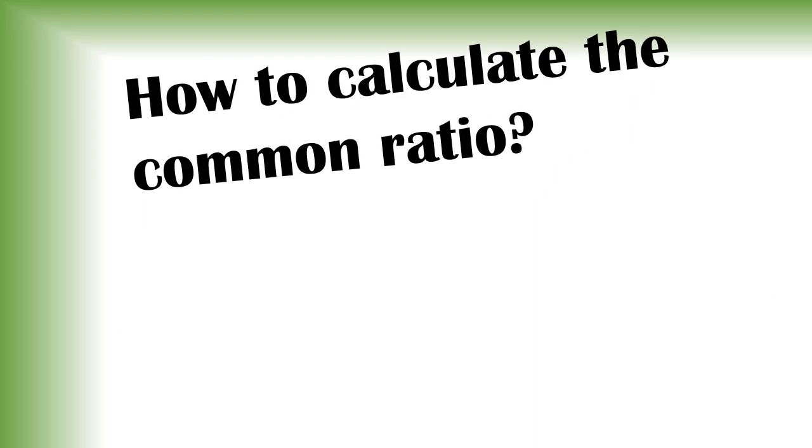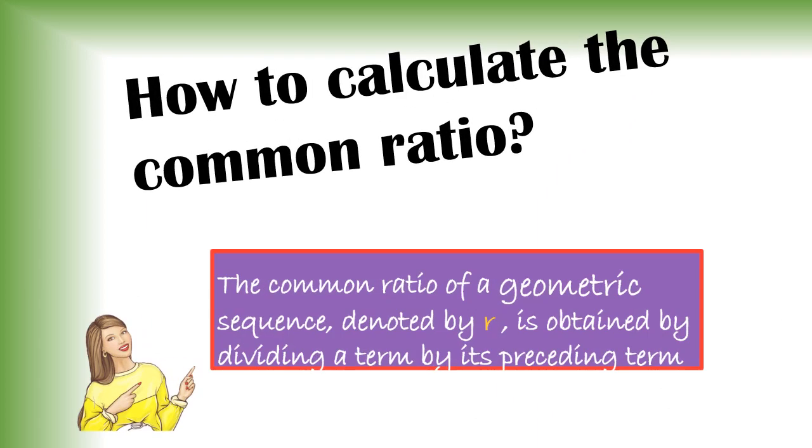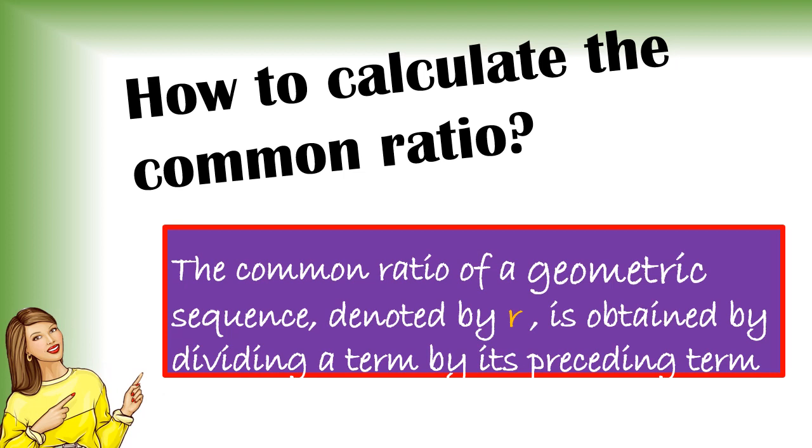How to calculate the common ratio? The common ratio of a geometric sequence, denoted by r, is obtained by dividing a term by its preceding term.